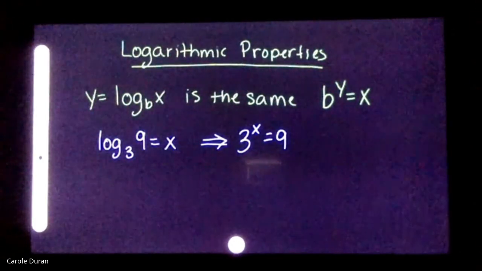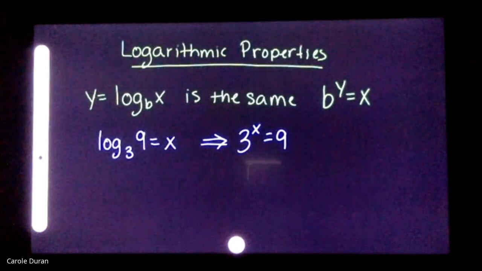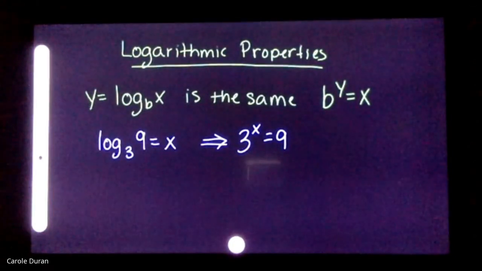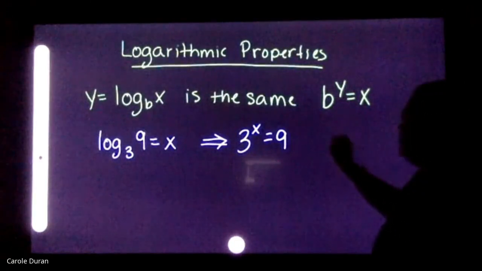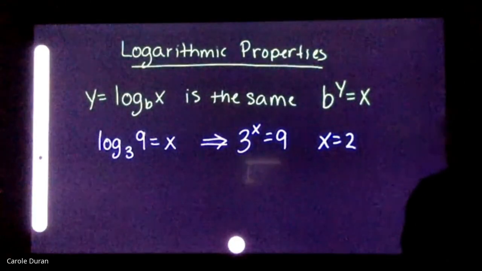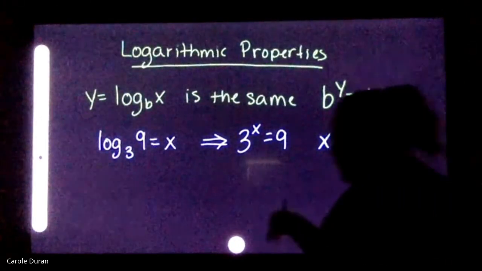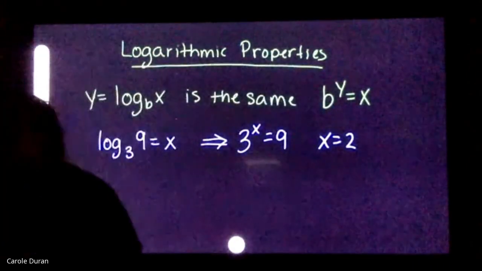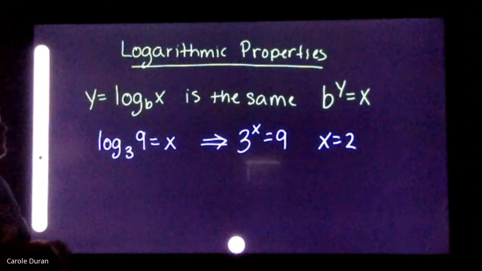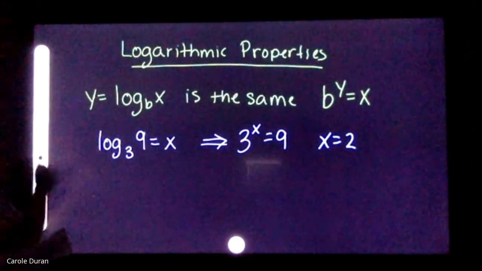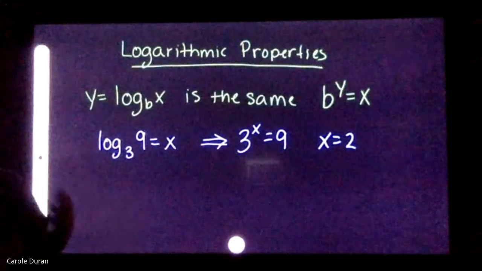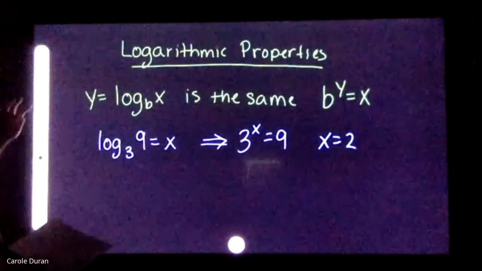And I know what exponent that's going to be, correct? 3 to the what equals 9? 2, right, because 3 squared equals 9. So by changing between these different forms, I'm able to solve these functions that otherwise would be really difficult to solve. So what we're going to start with is practicing changing them back and forth and then using that transition to solve them.